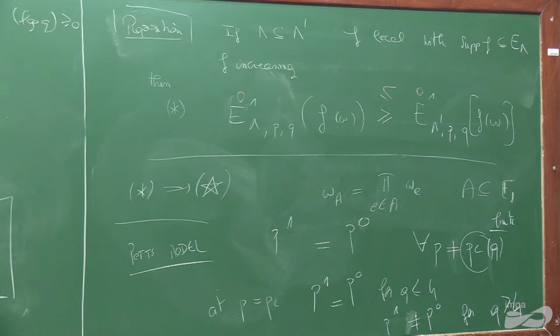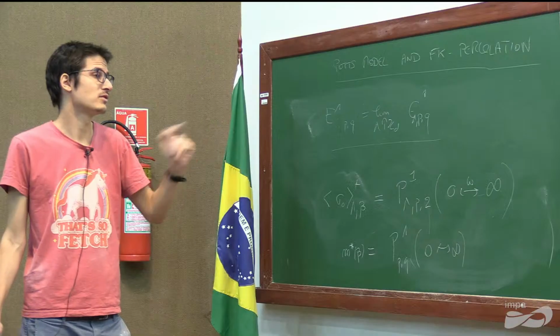Okay, so maybe a last comment, and then I should stop because it seems that I'm making less and less sense as I'm advancing. But one question you can ask is what is the critical point for this percolation model, and this is kind of equivalent to asking what's the critical temperature for the Potts model when q is an integer.